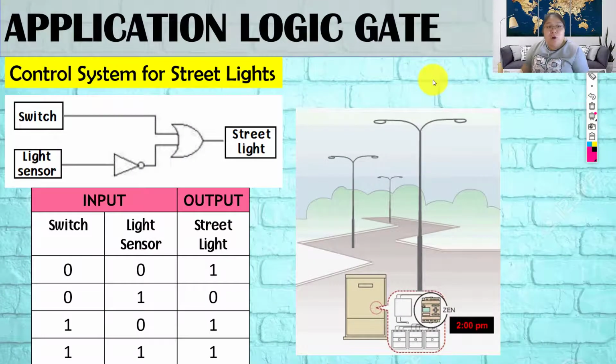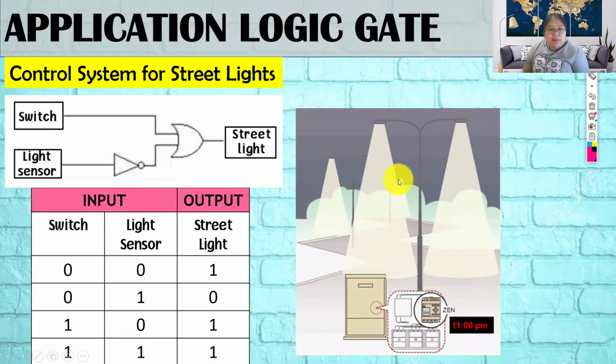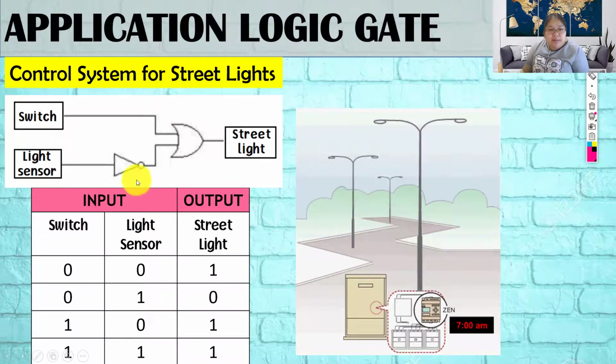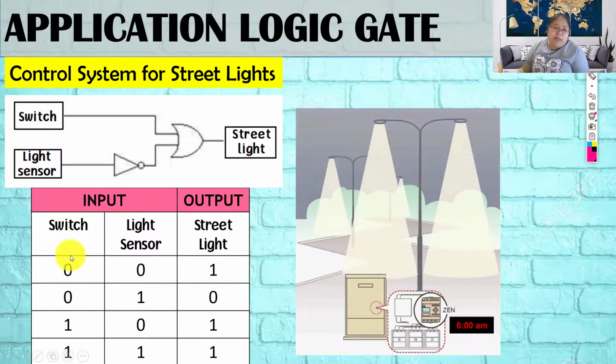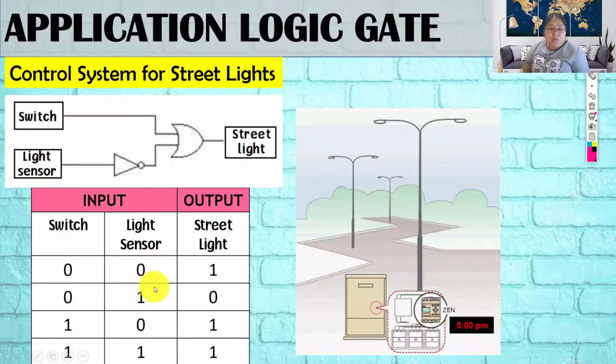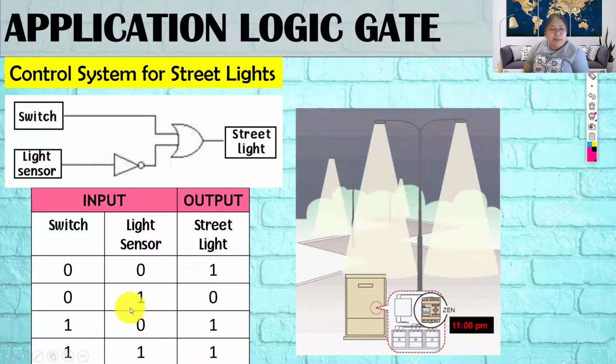Okay, this one is a control system for the street light. Normally when you pass by, you can see they got light on or off. For this situation, you can see the switch and also the light sensor. We got two things. For the light sensor, they put a NOT gate. Now see what conclusion we get about this street light control.